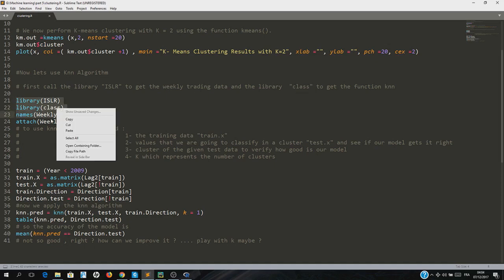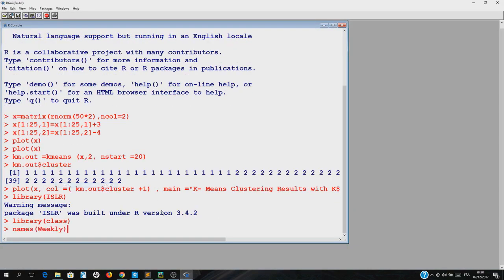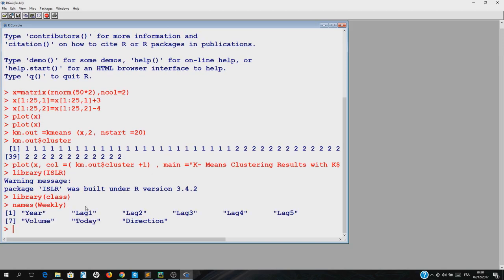Inside the ISLR library, we have the table Weekly, which we are going to use. I'm gonna print for you the values that we're gonna have in Weekly. So we have Year, Lag1, Lag2 until Lag5, like we had last time. If you didn't watch last time's video, you can go back and watch it.